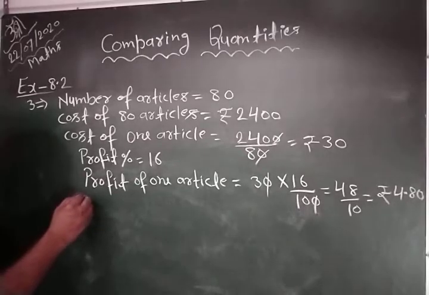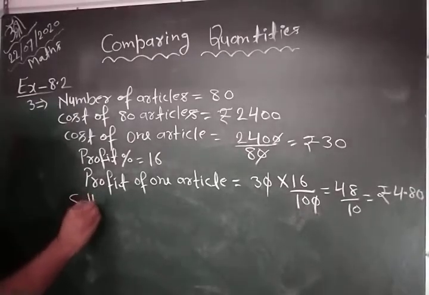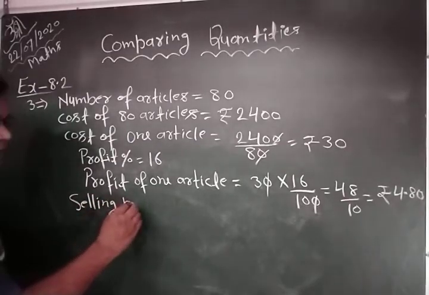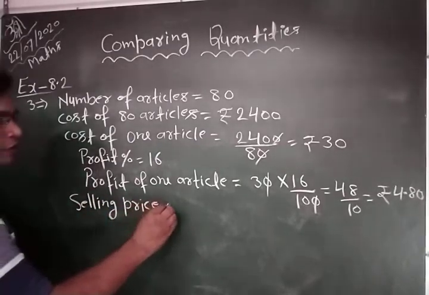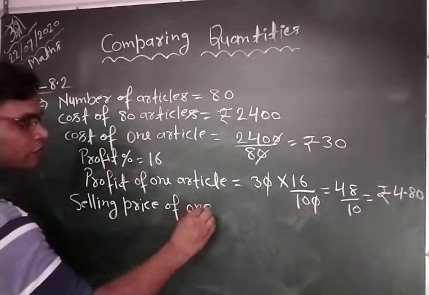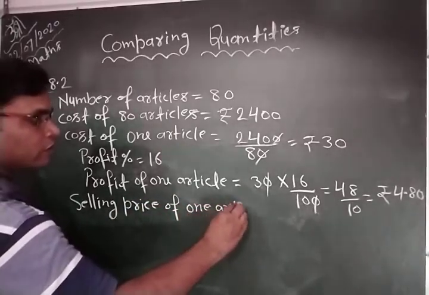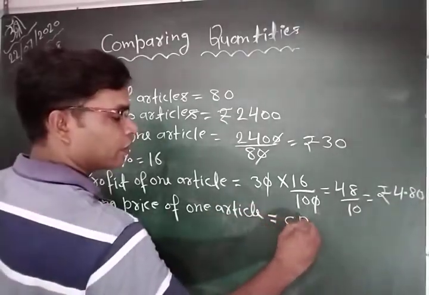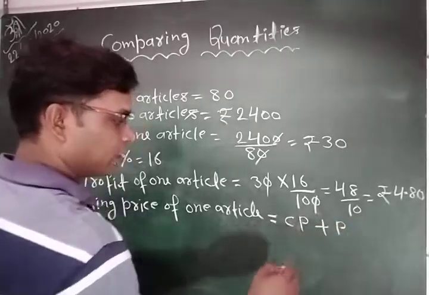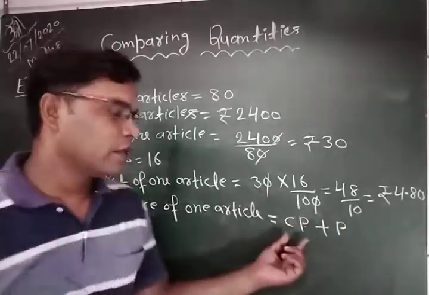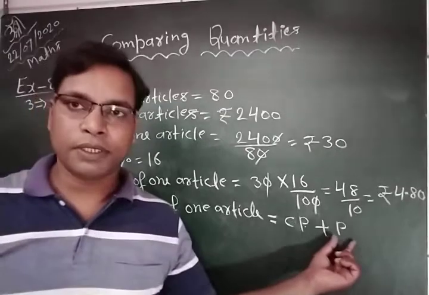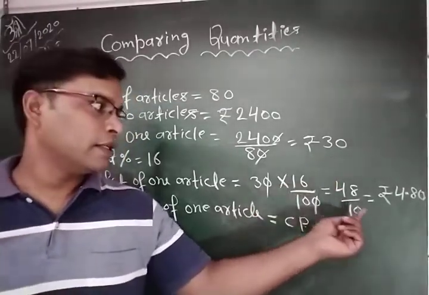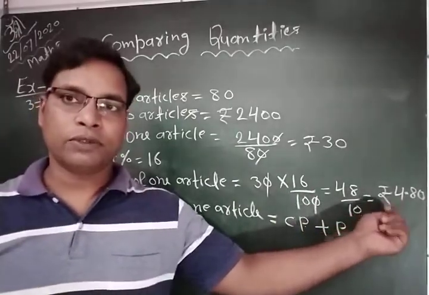Now we find the selling price of one article. The selling price of one article is equal to CP plus profit. Okay, CP means cost price, P means profit. Okay, so CP is 30 rupees and profit is 4.8 rupees.